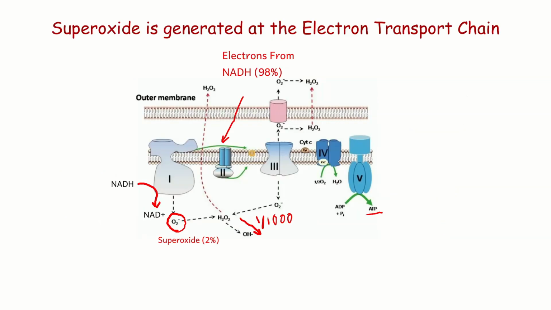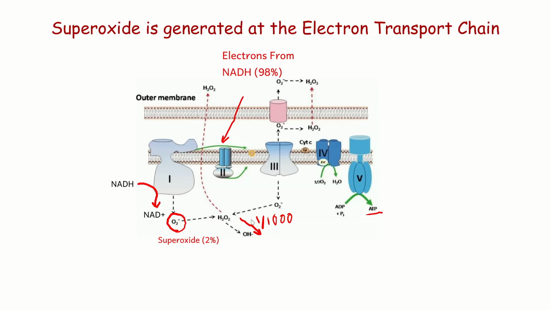And in fact, superoxide itself is not that damaging in the cell. What actually happens down here is that the superoxide is typically converted to hydrogen peroxide by superoxide dismutase. And this reaction typically happens very efficiently.